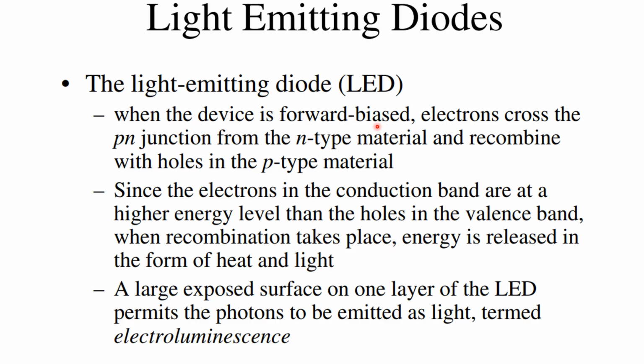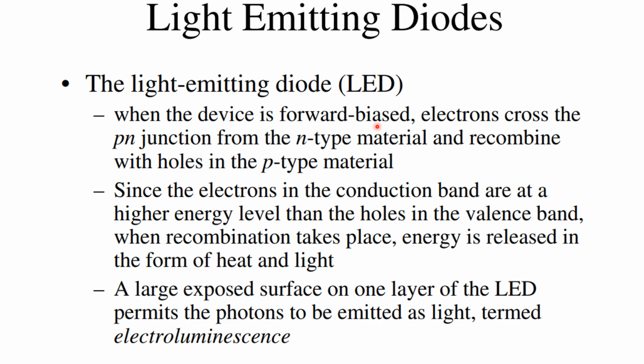While coming back from the higher energy level to the lower energy level, the electrons release that energy in the form of light. For germanium and silicon, that energy is not visible.